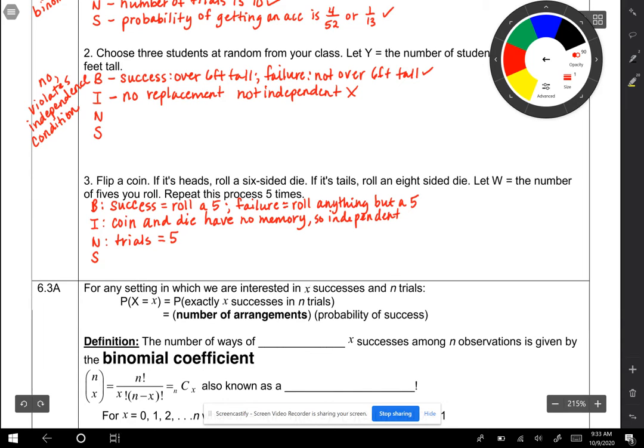And as far as success goes, here's where one of the conditions will be violated. If it's heads, your probability of getting a 5 will be 1 out of 6 because you're rolling a 6-sided die. So that probability is 1/6. You really have to think these things through.